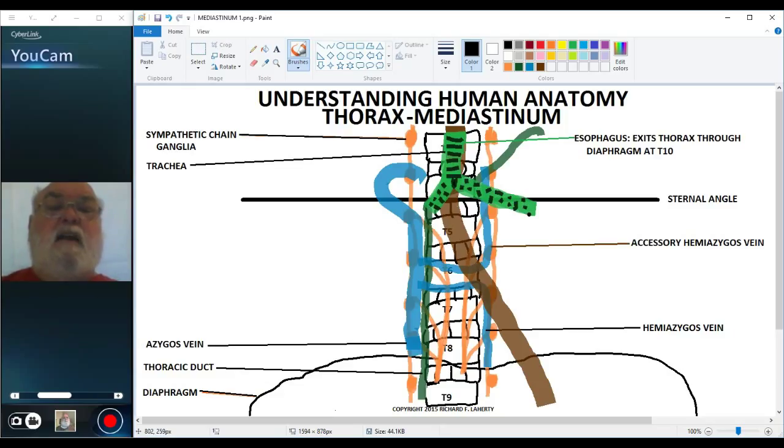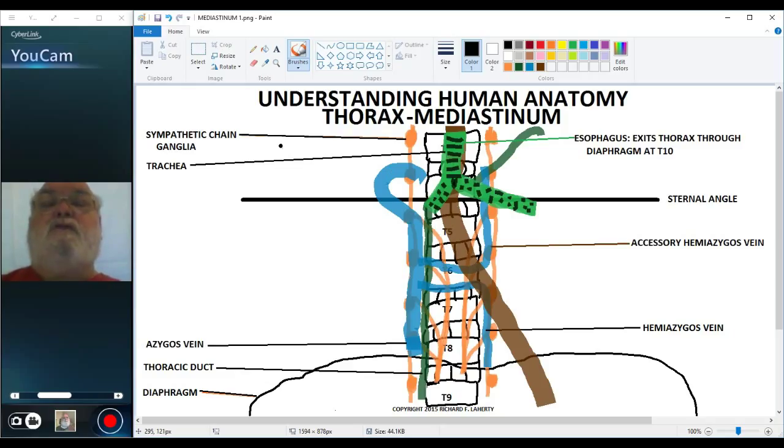But they're not rings, they're just plates of cartilage in the bronchi. So we have the trachea and the right and left main stem, or right and left primary bronchi.